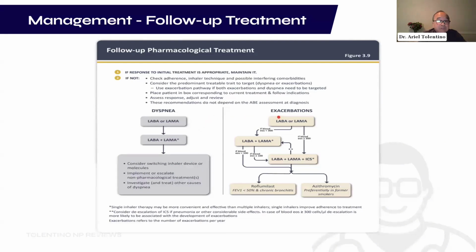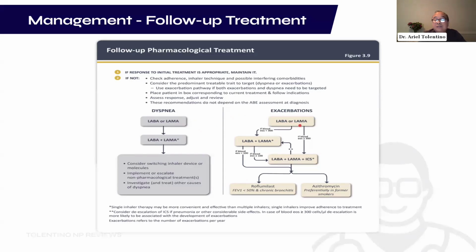Now, if the patient is suffering from a mixture of dyspnea and exacerbation, or just exacerbation, we have an algorithm that we have to follow. But first, we have to know the definition of exacerbation. Exacerbation is defined as increasing severity of dyspnea and increasing severity of cough productive of mucus.